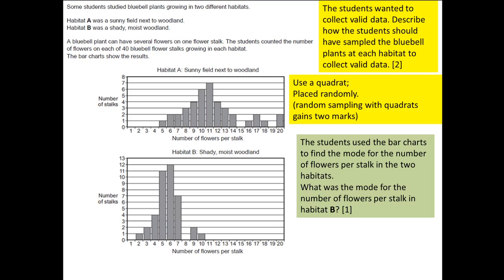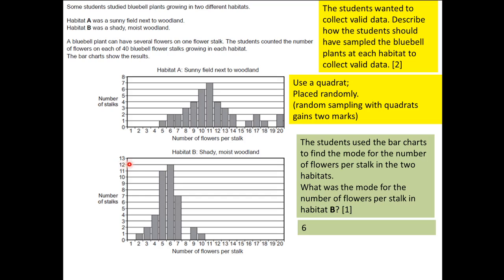Next question, the student used the bar charts to find the mode for the number of flowers per stalk in 2 habitats. What is the mode, the most common, for the number of flowers per stalk in habitat B? Well, I got this wrong the first time I put it. I put 12.